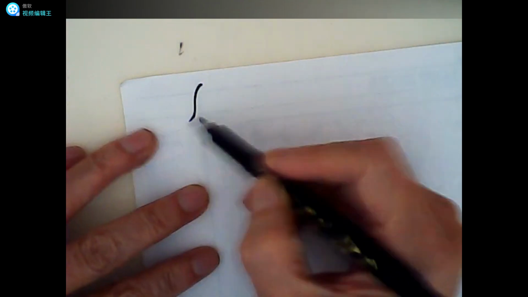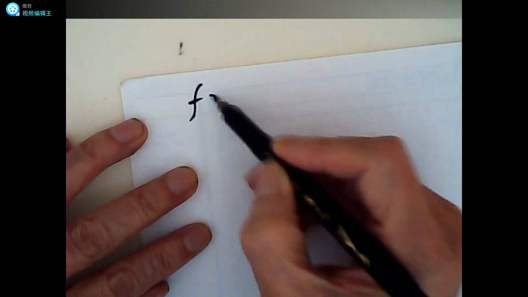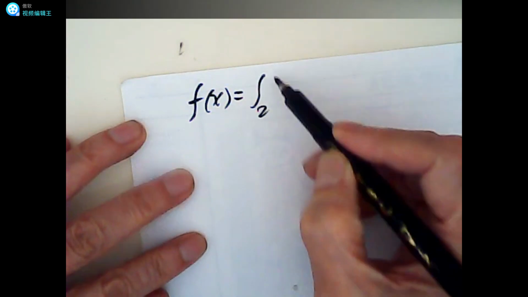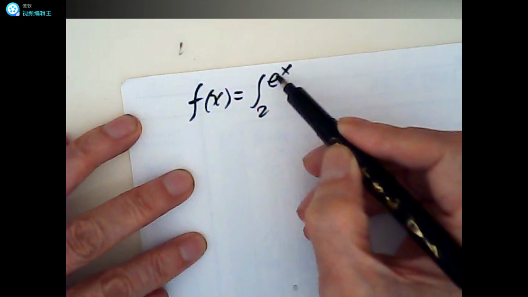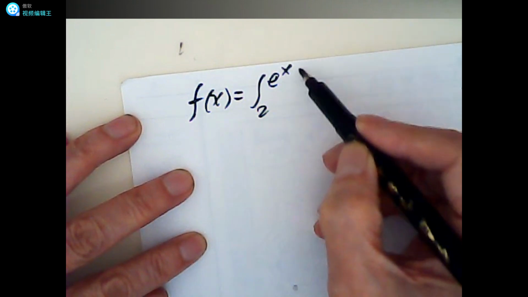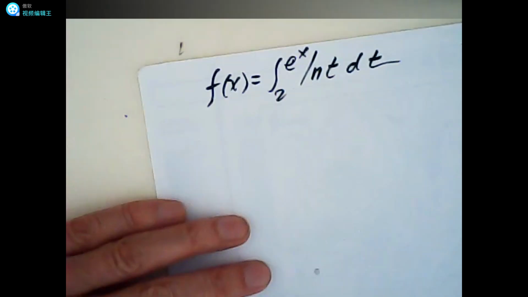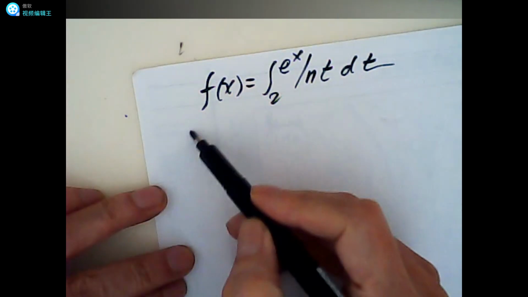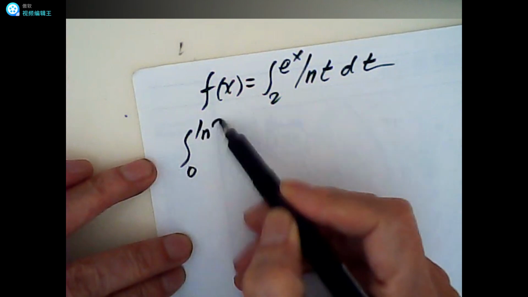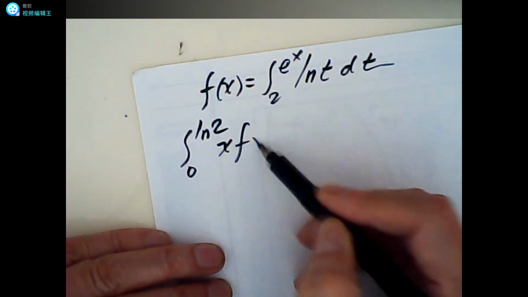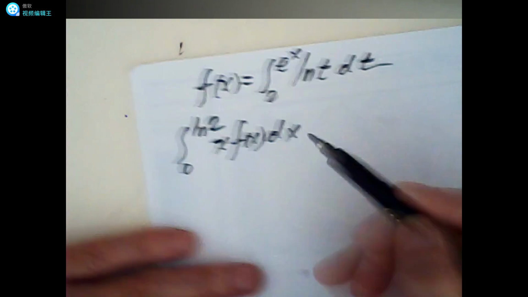The third method. The question is given, f of x is equal to the integral from 2 to e to the x of dt. We are looking for the integral from 0 to log 2 of f of x dx.